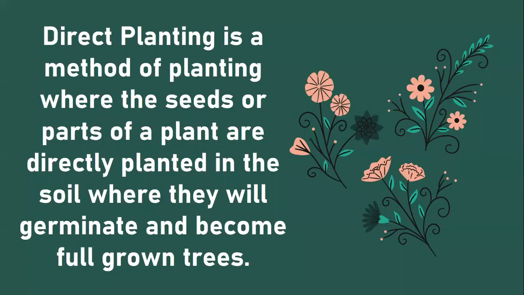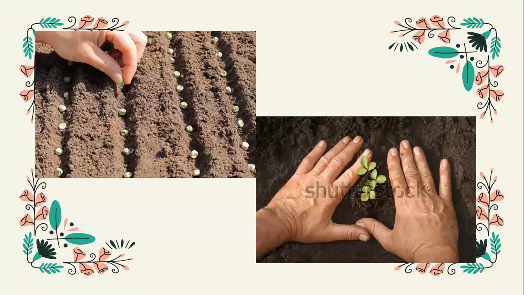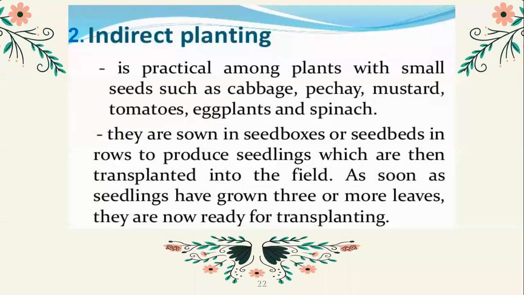Direct planting is a method where the seeds or parts of the plants are directly planted in the soil where they will germinate and become full-grown trees. Okay, this is direct planting. And let's proceed to the second.